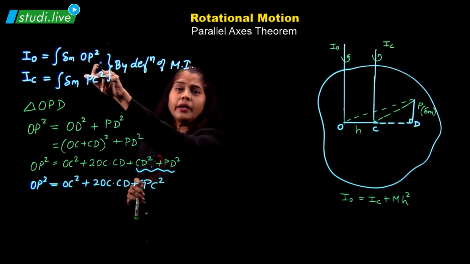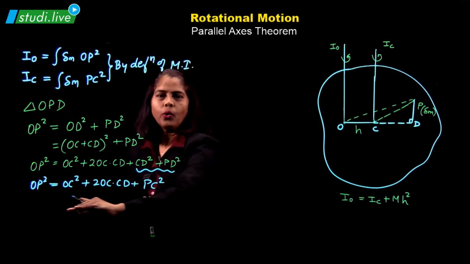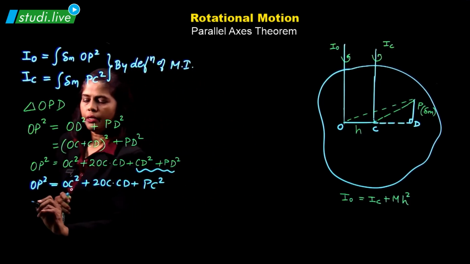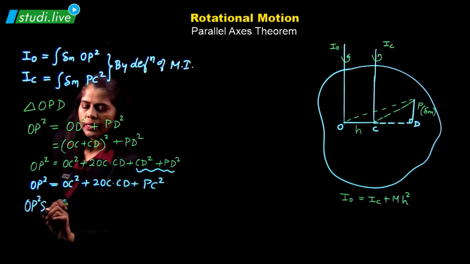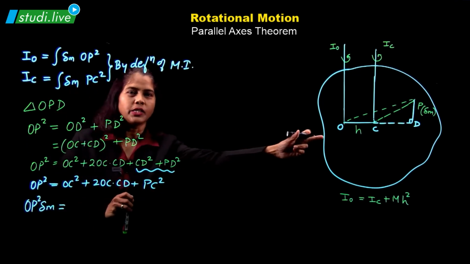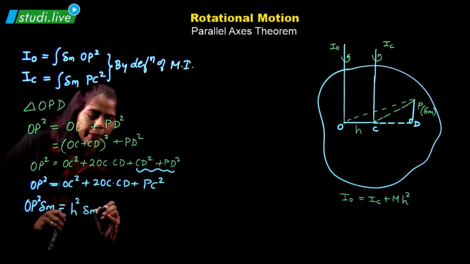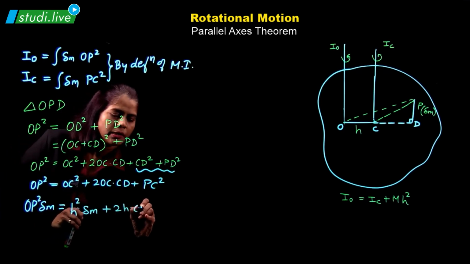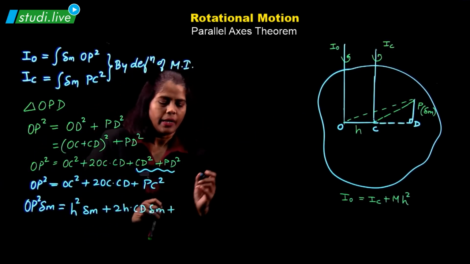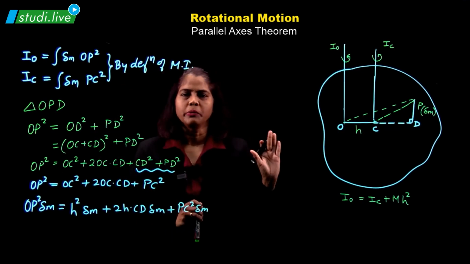Now, what is missing according to this definition? Delta M. So, what are we going to do? Multiply whole equation by mass, that is delta M. So, what I will get here? OP square delta M is equal to, now OC, as you can see the diagram, it is H. I will write here H square delta M plus 2H CD delta M plus PC square delta M, because directly PC only we are going to mention here.